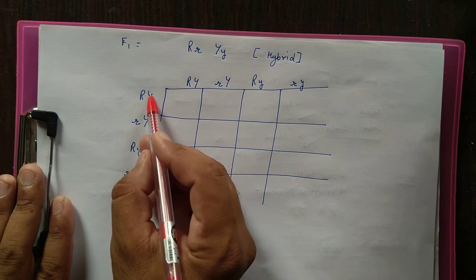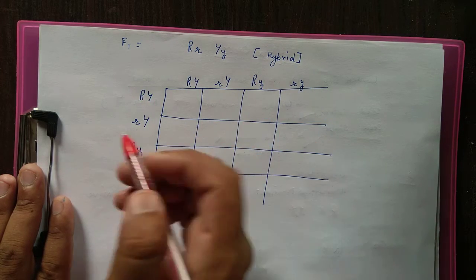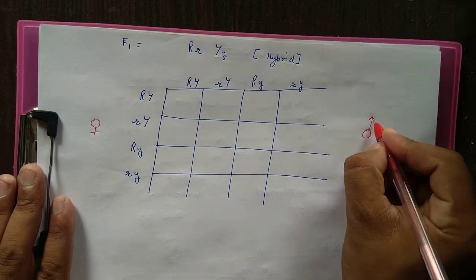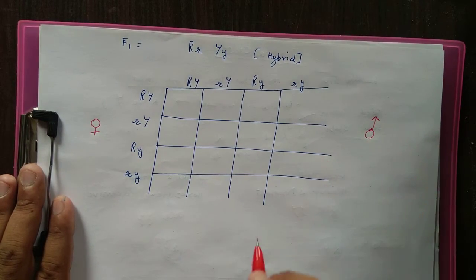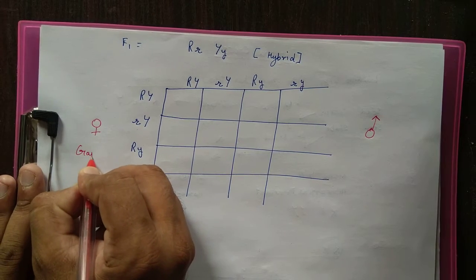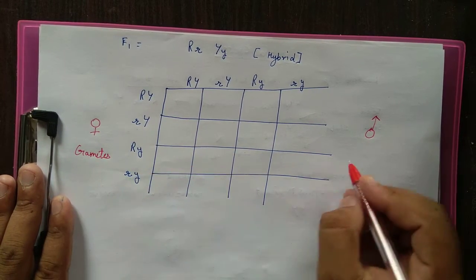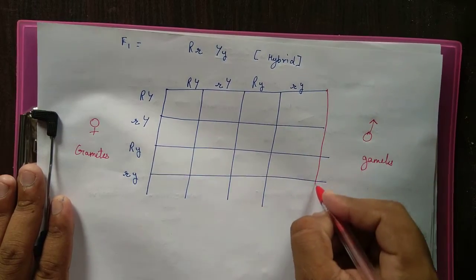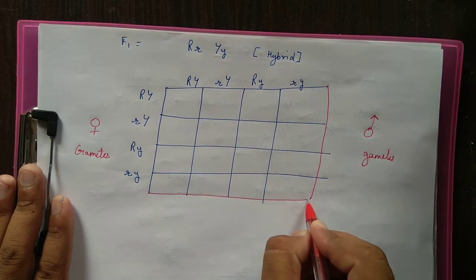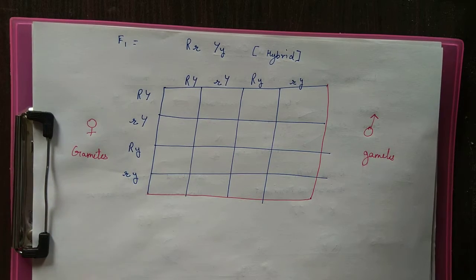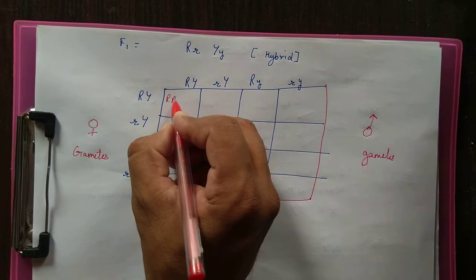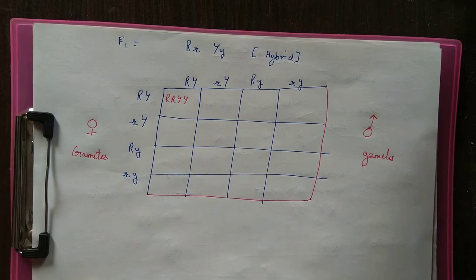These are the female and male gametes. If we cross them, the result will be all dominant.